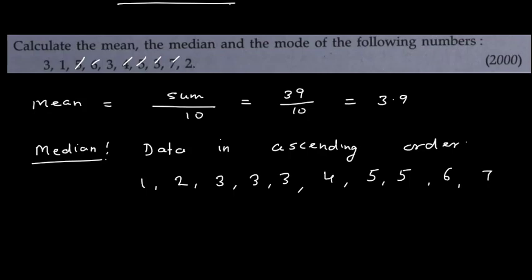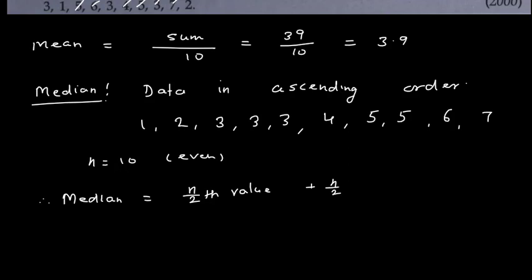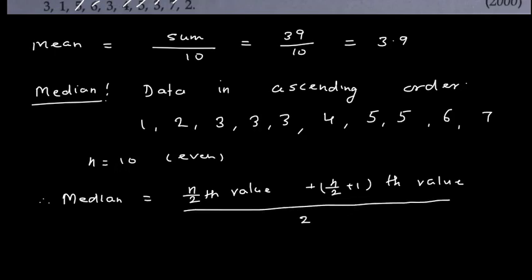10 data values are there. Median is the value which is coming at the center. So here n is equal to 10, which is an even number. Therefore median is equal to the n divided by 2th value plus the n divided by 2 plus 1th value, and this whole divided by 2.